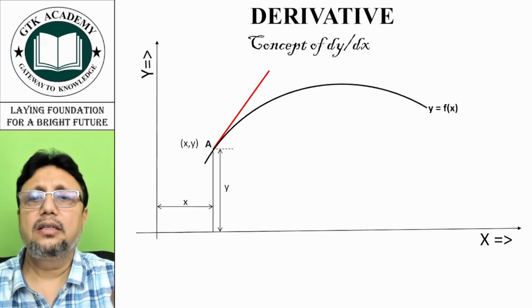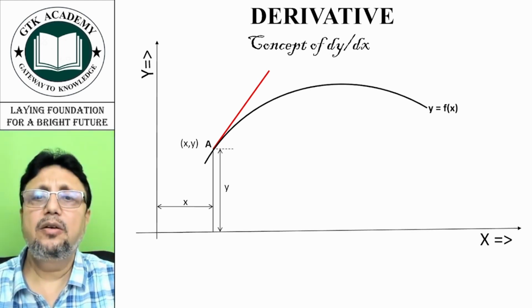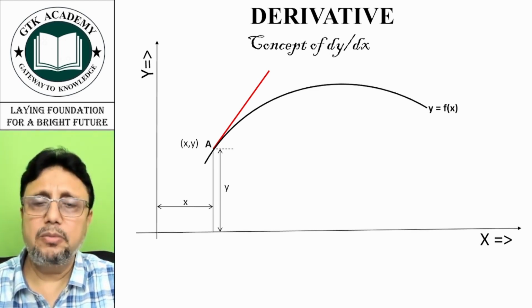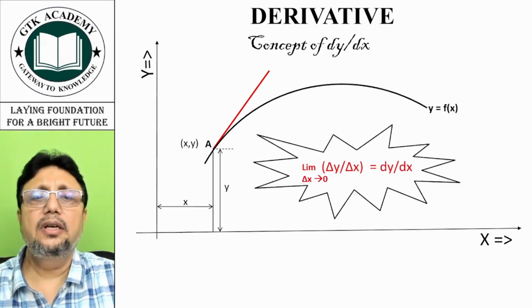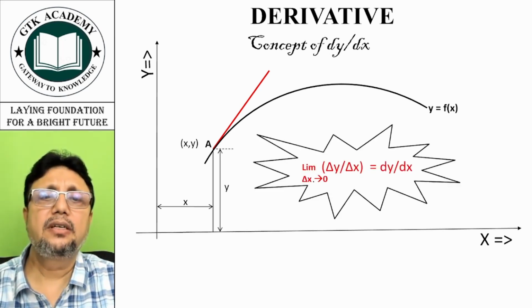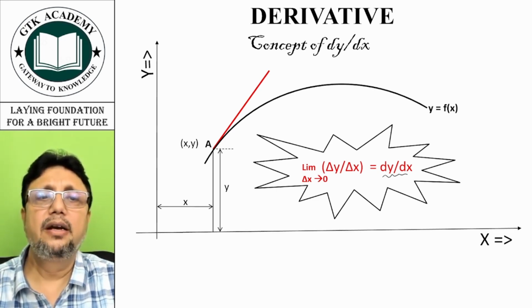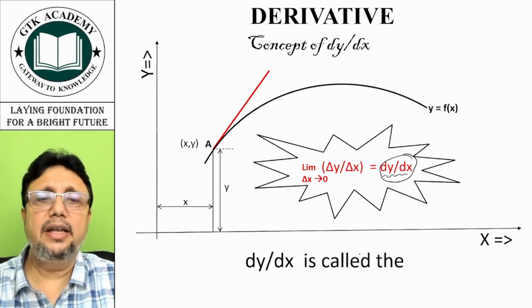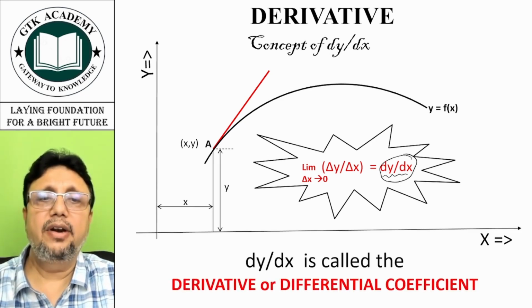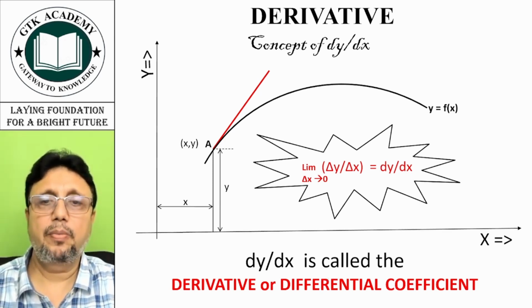When this line becomes tangent at A, then limit delta x tending to 0 of delta y by delta x is called dy by dx. dy by dx is called the derivative or differential coefficient.